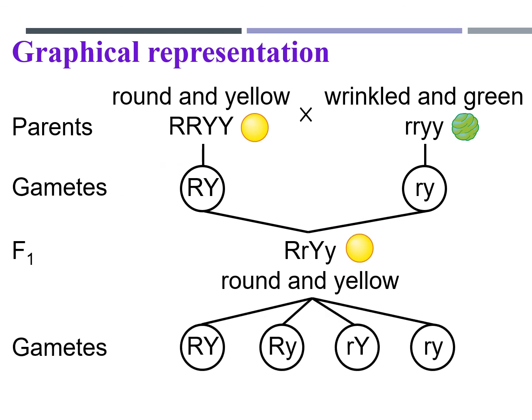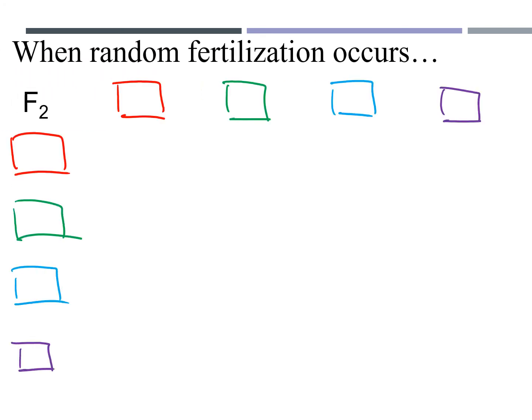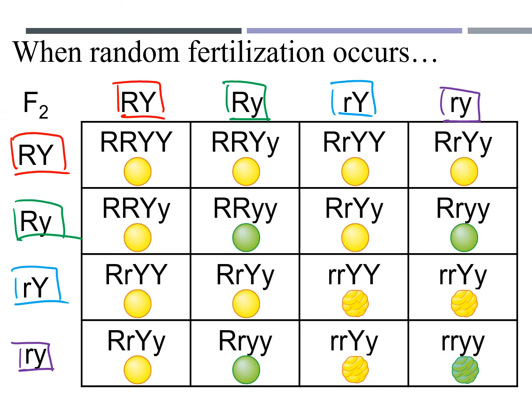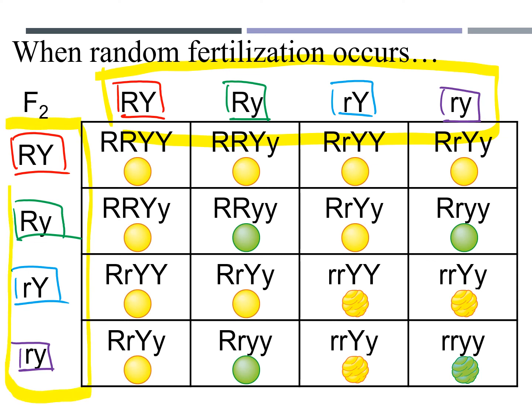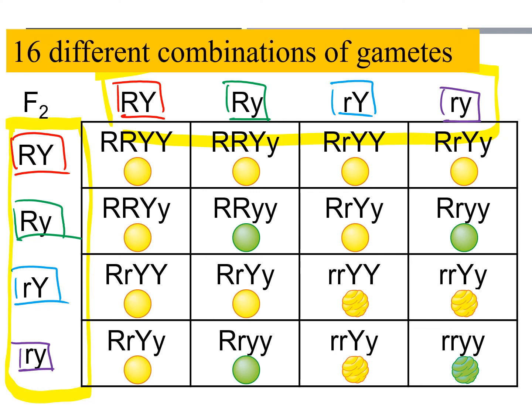This slide summarizes what I have just told and taught you. 4 types of gametes have been formed. On the top, you have the gamete from an F1 crossing with the gamete from another F1. After the random fertilization, you will have 16 different combinations of gametes, and you have 16 different genotypes.